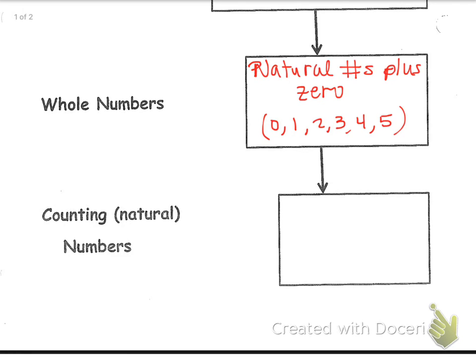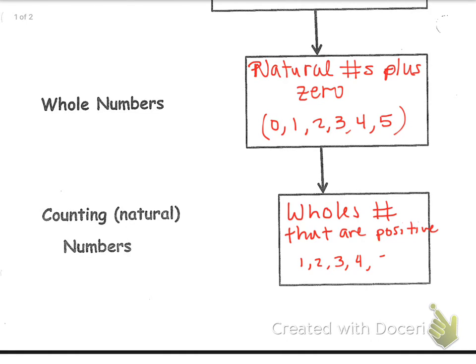Then we have natural counting numbers. So your natural counting numbers are your whole numbers that are positive. So this includes 1, 2, 3.